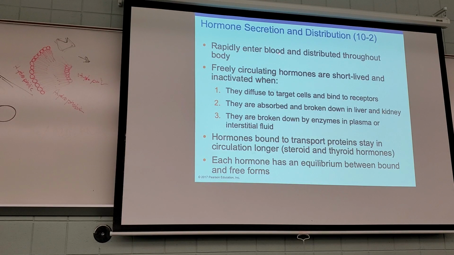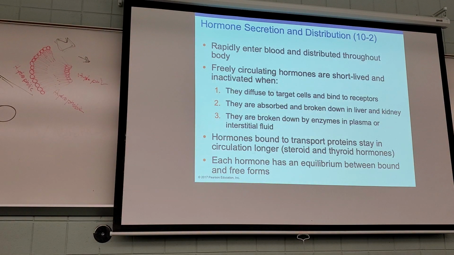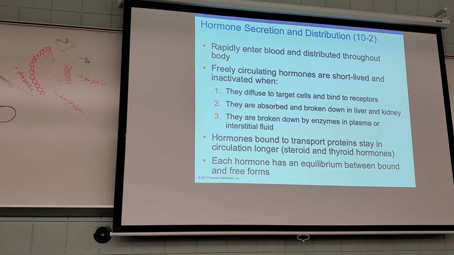Hormones rapidly enter the blood and are distributed throughout the body. Freely circulating hormones are short-lived and are inactivated. There are actually 6 ways you can inactivate a hormone. It's in the other handout that I made. They diffuse to target cells and bind. They may be automatically inactivated once they bind.